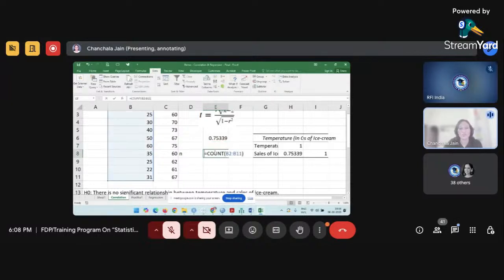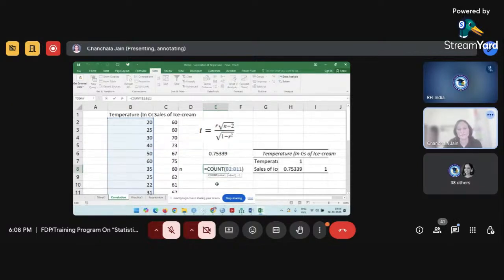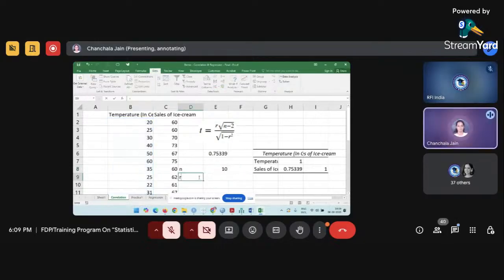So the count is coming as 10, right? Then R is known to us. This is your R value, right? So we are having N and R. Both the values are available with us.